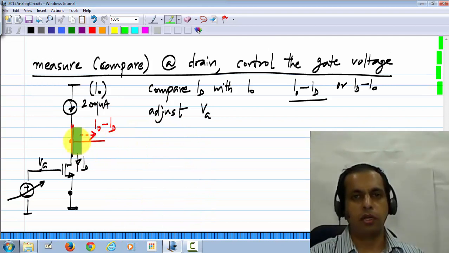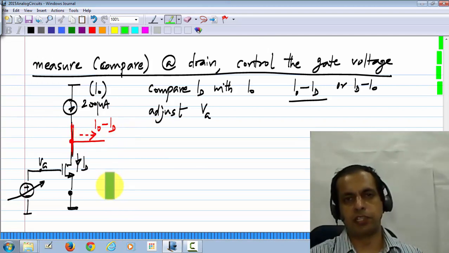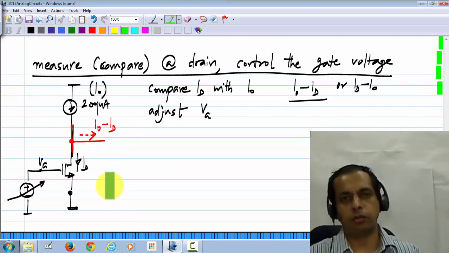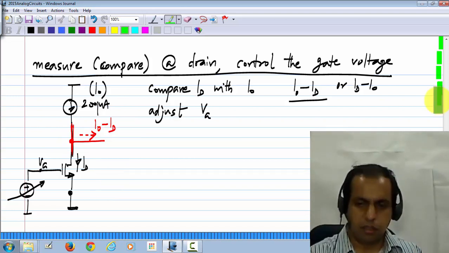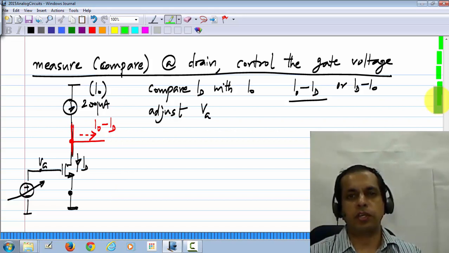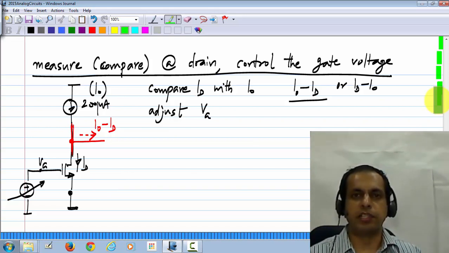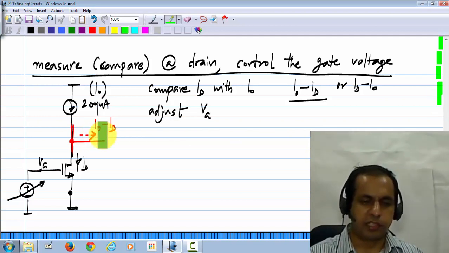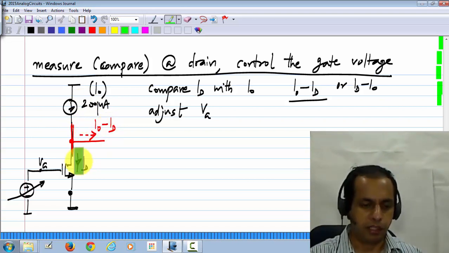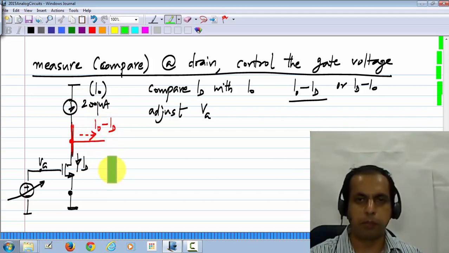At every node, there will be some parasitic capacitance. You know that anytime you have two conductors separated by some dielectric, there will be some capacitance between them. So if you have a circuit with a number of wires, there will be capacitors from every wire to every other wire. To figure out what really happens when I naught is different from ID, you can think of this as flowing into a capacitor.